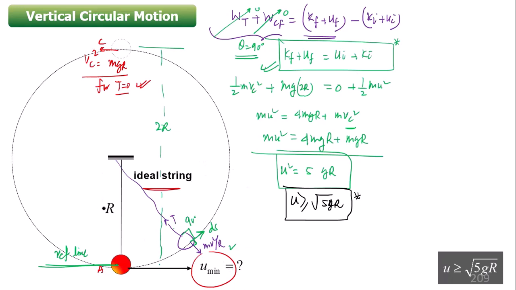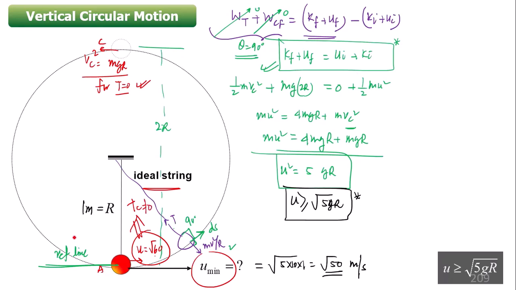Let us say I am doing one calculation. Let us say I am taking r equals 1 meter, m equals 1 kg, and I want to calculate the minimum value of projection. So u should equal root of 5 into g, meaning 10, and r, meaning 1. That is root 50. If I project the particle with root 50 meters per second, then only it will complete the circle. If I project the same particle with a speed of root 60, then also it will complete it, but for this situation tension at point C is not equal to 0.